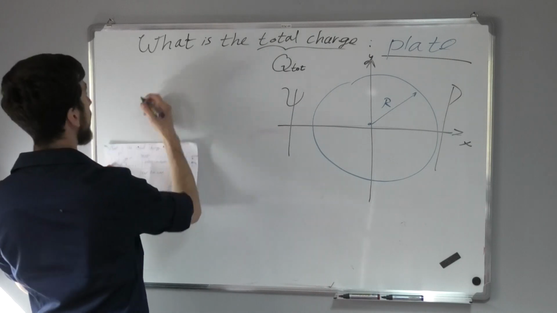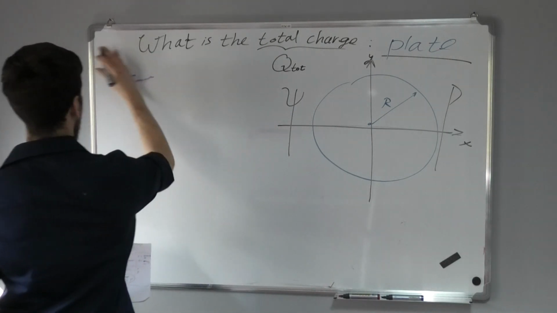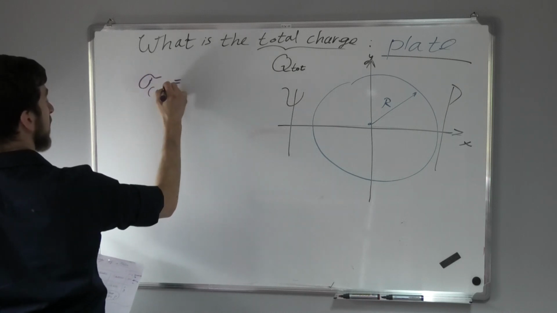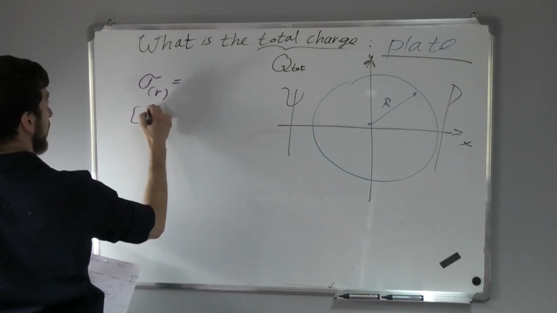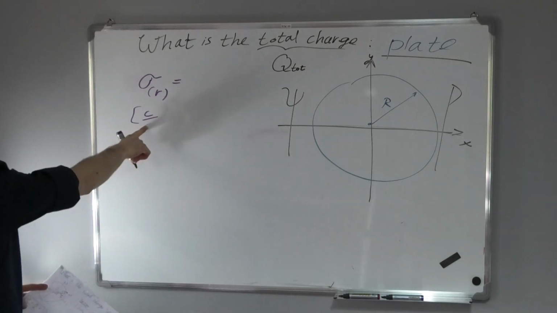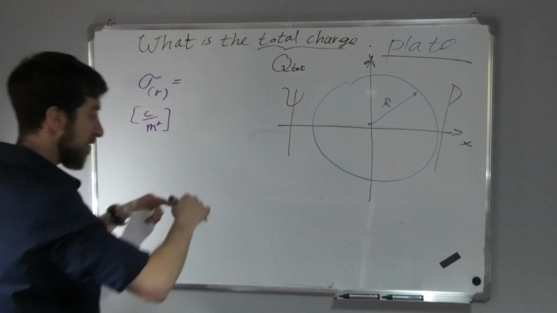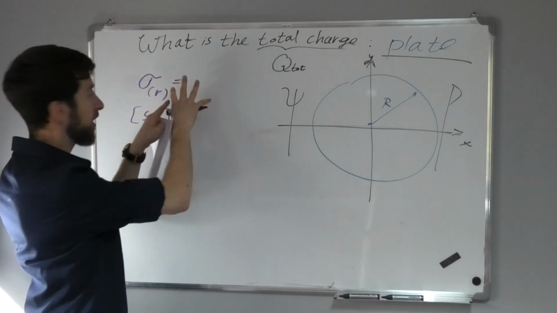So how is the charge distributed on this plate? The charge density is sigma, and the unit of sigma is charge, coulomb, per meter squared, which means on every meter squared I have this amount of charge.